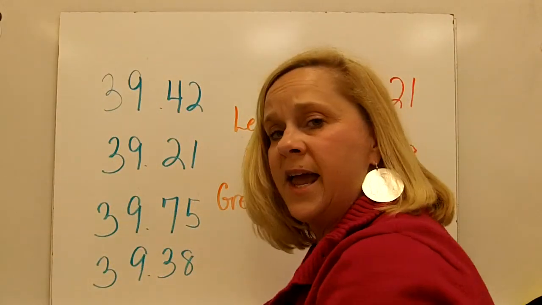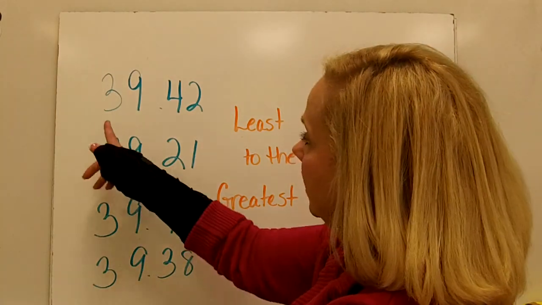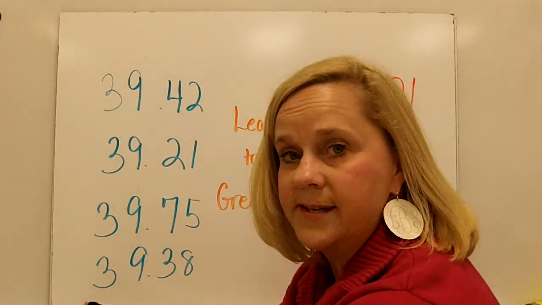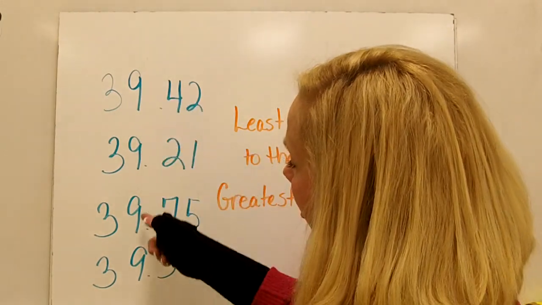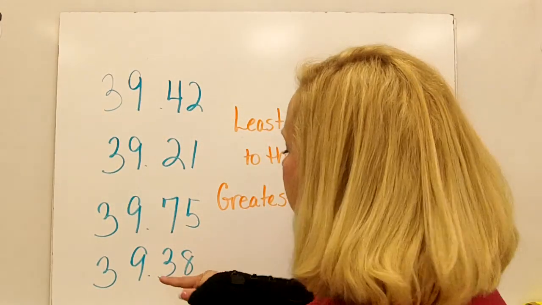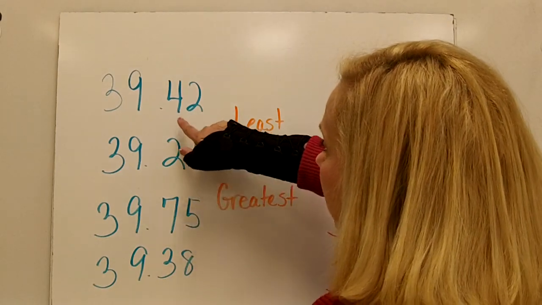All right, let's stay with ordering numbers from the least to the greatest and look at my list here. Again, my first row of numbers, the tens, they're all the same. So I'm going to move over to the ones column. Notice they are all the same. So now I have to move over to the next place value, which is the tenths. I have a 3, a 7, a 2, and a 4.